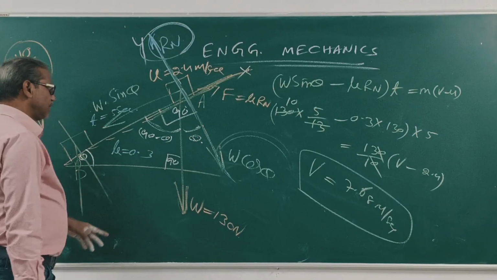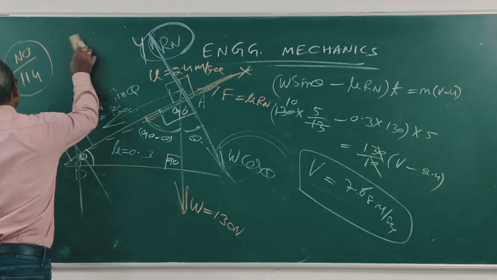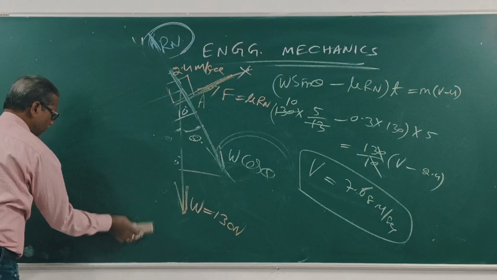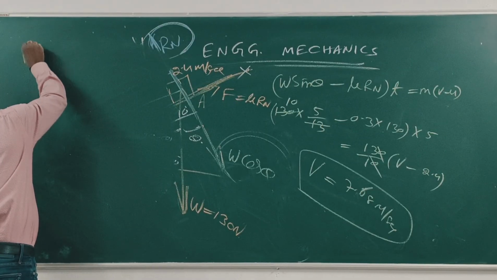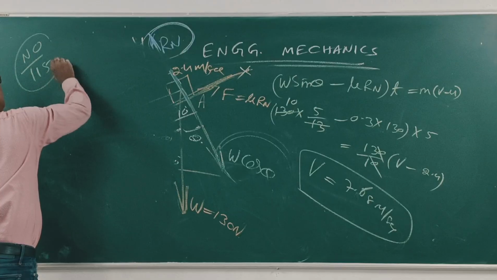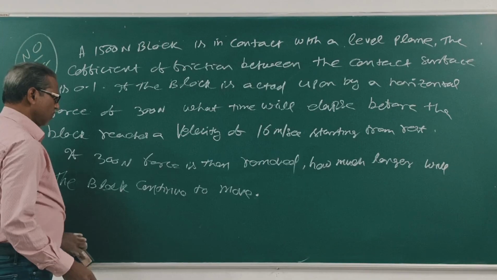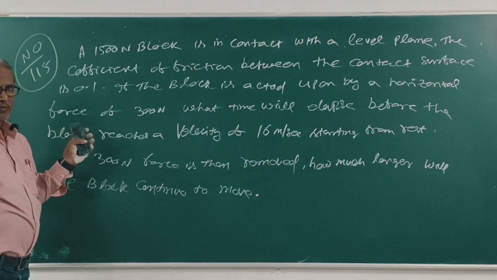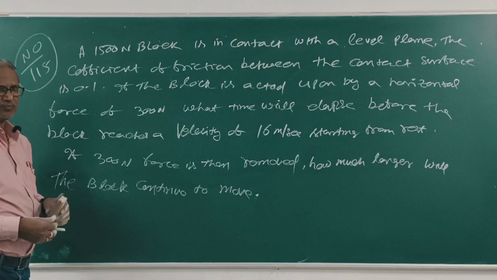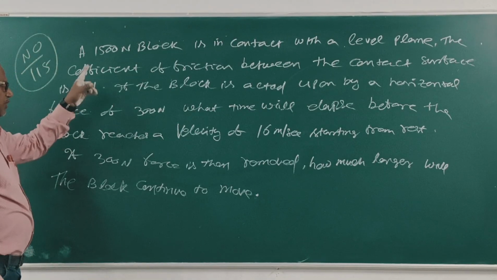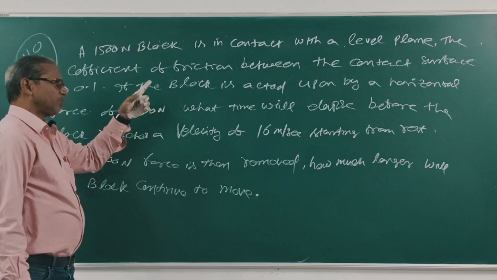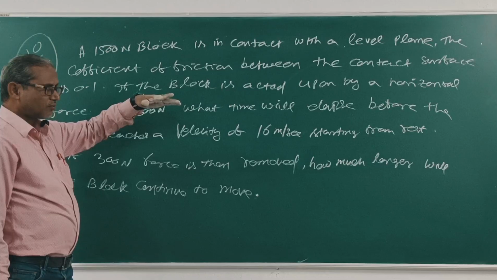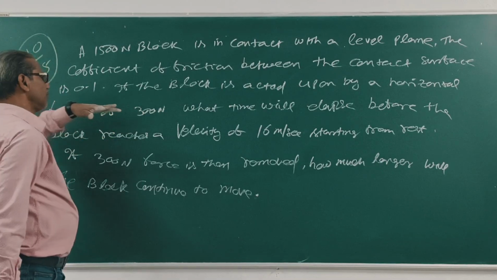Clear? Next, question 1.5. This is question number 1.5, a very important question, a 6-mark question for the semester examination. The question is, a 1500 Newton block is in contact with a level plane. The coefficient of friction with the contact surface is 0.1.